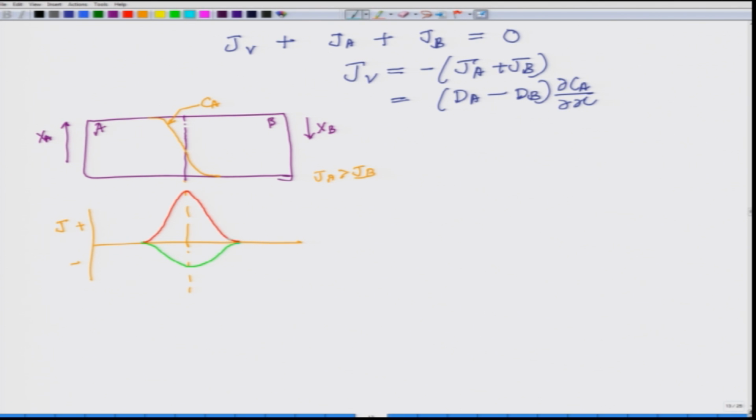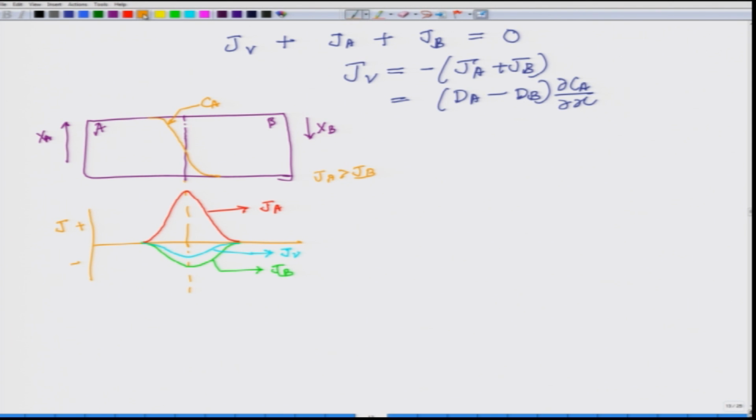So, this is where vacancies come into the picture. So, this is J V, this is J B, and this is J A. This is how the flux is changing, which is directly related to the gradient of the concentration.